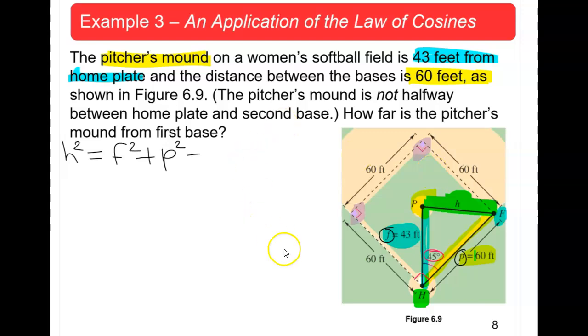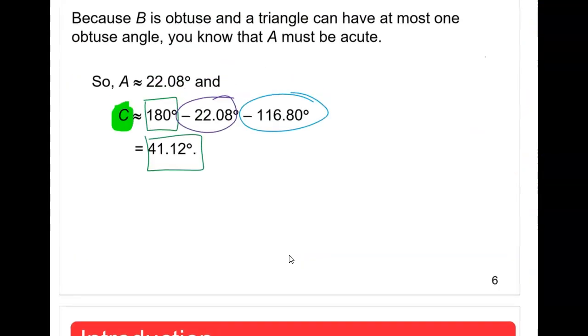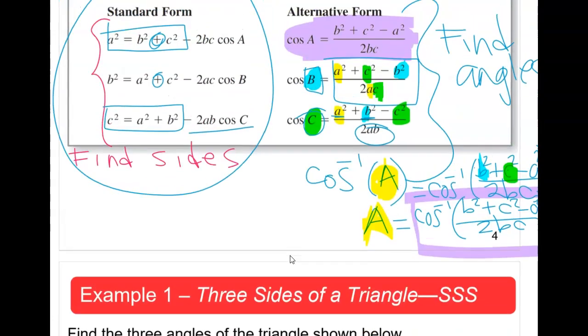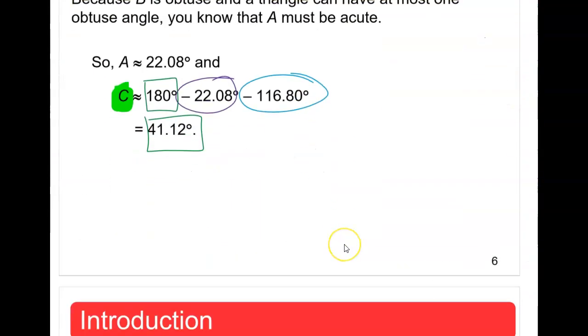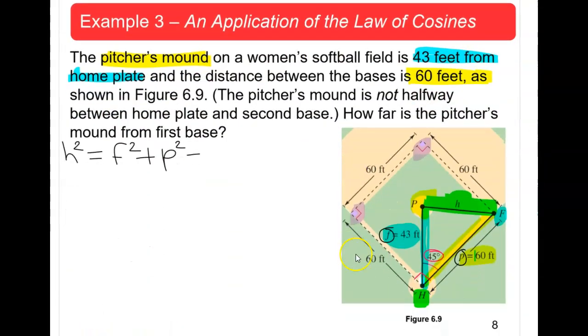Then we will subtract. Actually, I need to look at the formula, I think. Okay, yes. Then we will subtract 2 times the product of those two same sides. So it will be minus 2 the product of f times p. And then we need cosine, and the letter needs to match the side that we're looking for.